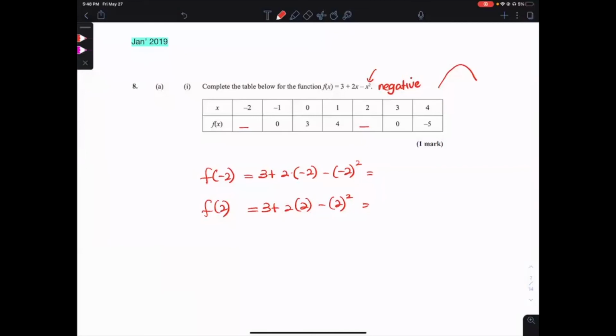You can put everything in the calculator and get one answer. All right, does anybody have a value?